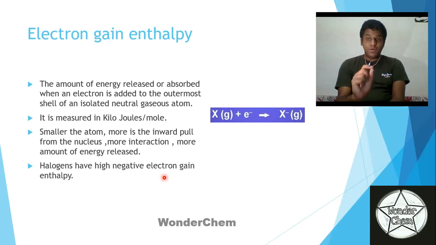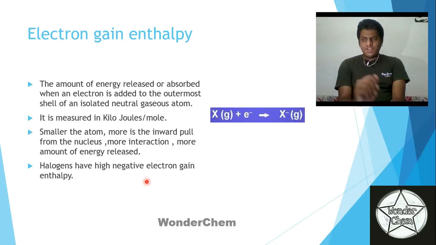So if they have to attain that, then that means they are moving towards stability. So if they are moving towards stability, then obviously they should be lesser energy species. So when they have to become lesser energy species, obviously they have to lose some amount of energy. So high negative electron gain enthalpy.